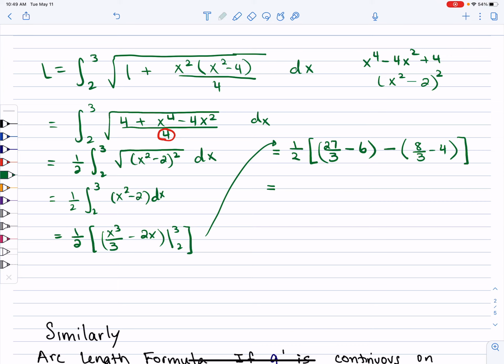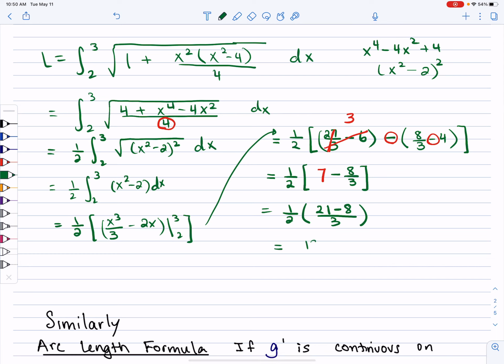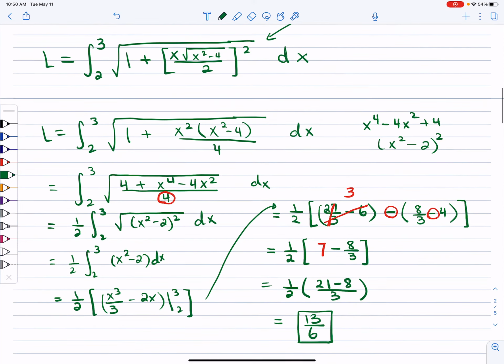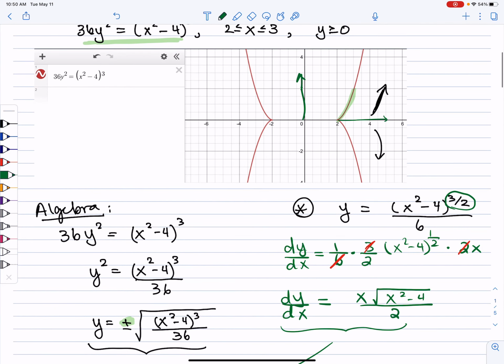So this is going to be equal to 1/2 times 9 minus 6 is 3, 3 plus 4 is 7. So we have 7 minus 8 over 3, which is equal to 1/2 times (21 minus 8 over 3), giving us 13 over 6.